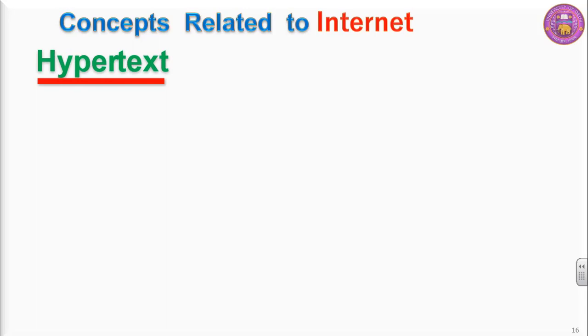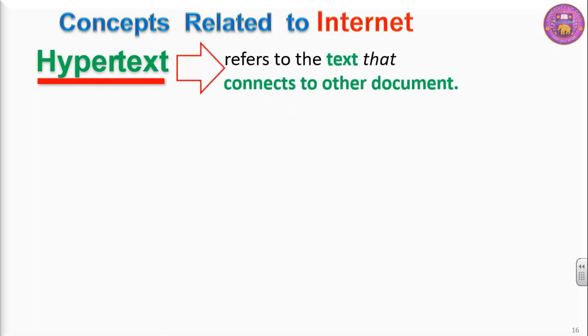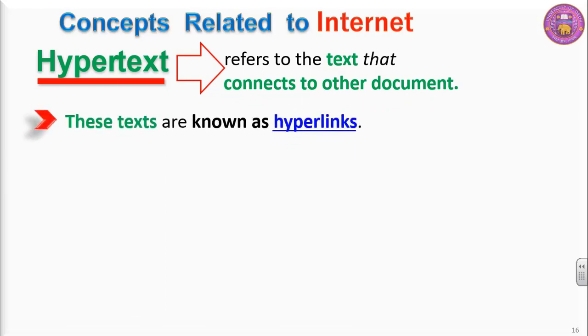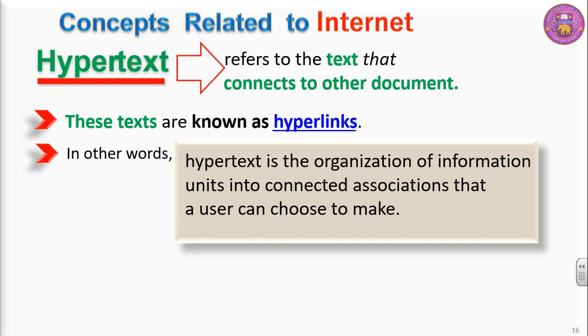The next one is hypertext. It refers to the text that connects to other documents. These texts are known as hyperlinks. In other words, hypertext is the organization of information units into connected associations that a user can choose to make.